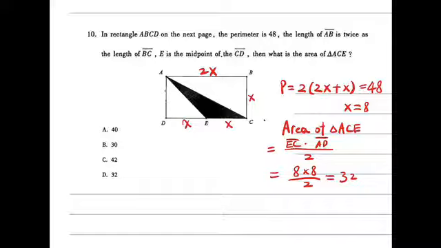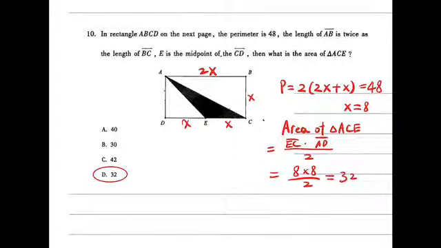And we can calculate the area of the triangle then. It is CE as a base and ED as a height. So CE times AD over 2 equals 8 times 8 over 2 equals 32. The answer is D.